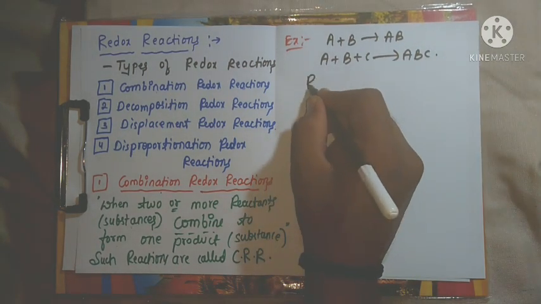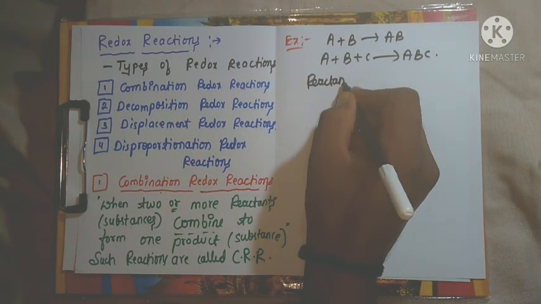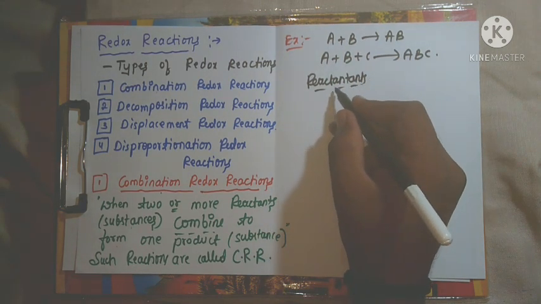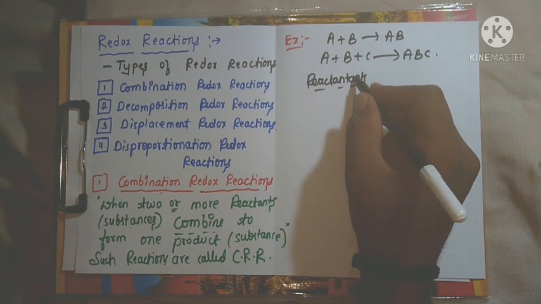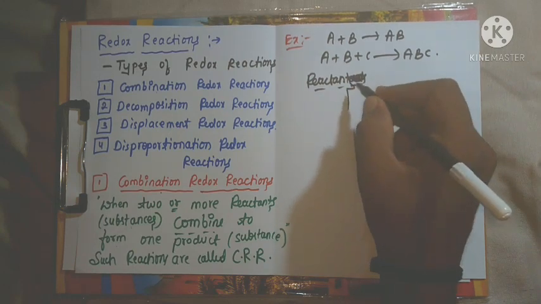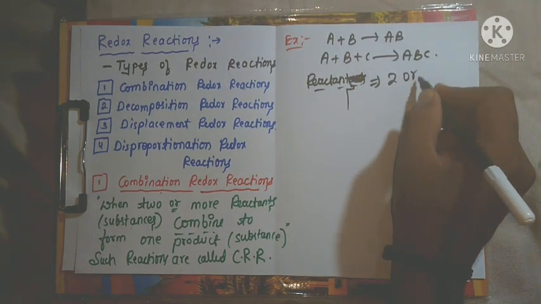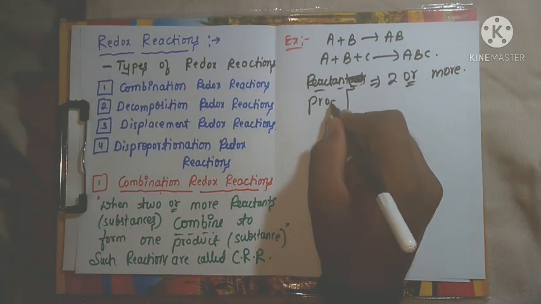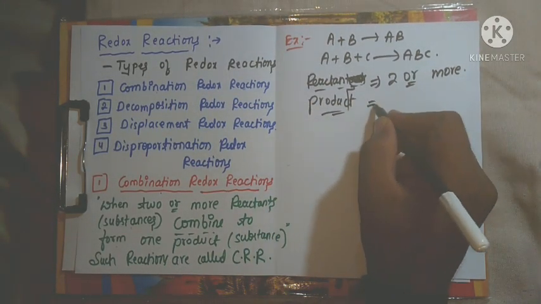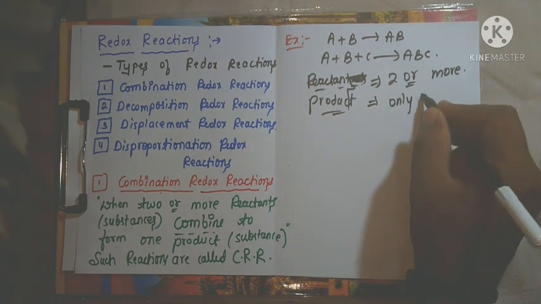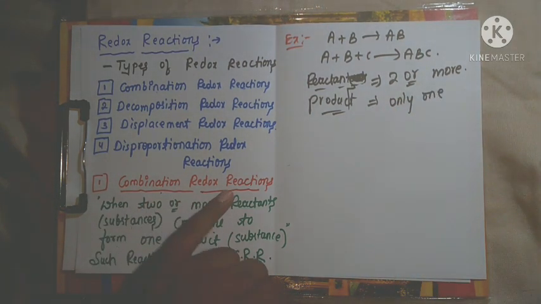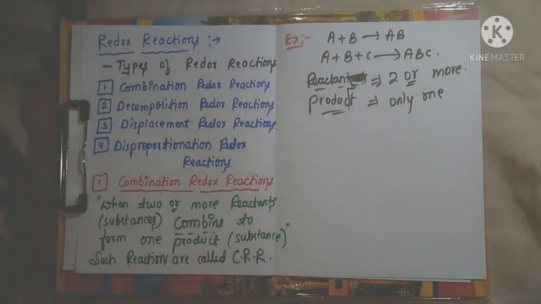That is, reactants are two or more, but the product should be only one. Such type of reactions are called as what? Combination redox reactions.